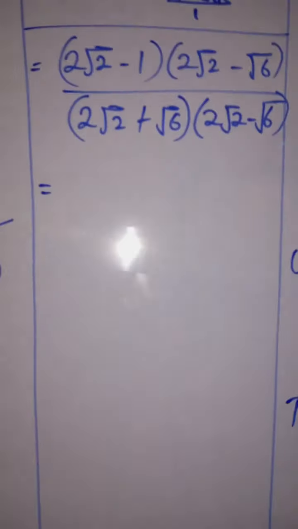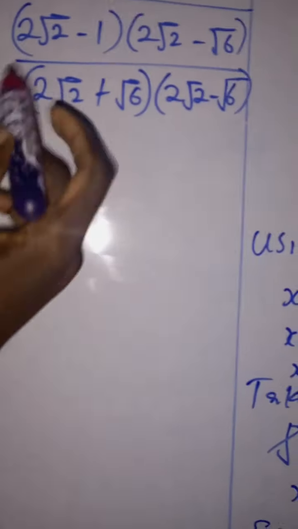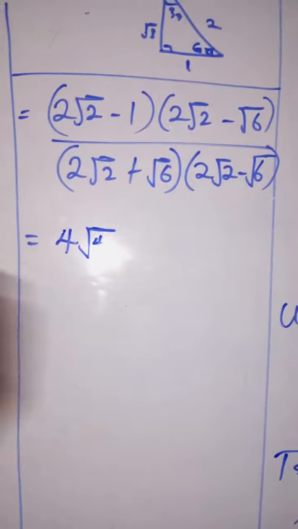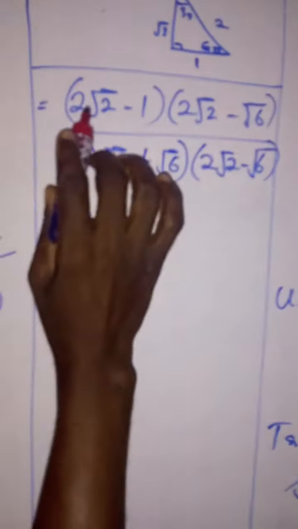Now, the one on top, I can expand by multiplying this and this and this, so that I can move on. So don't try to cut, no. If I multiply this, it will give me 4 root 4, this and this, 2 times 2, this times this.